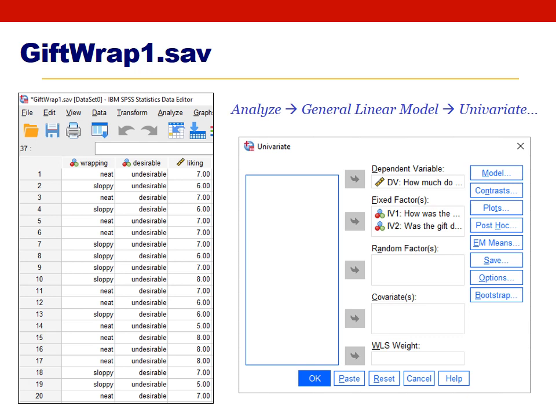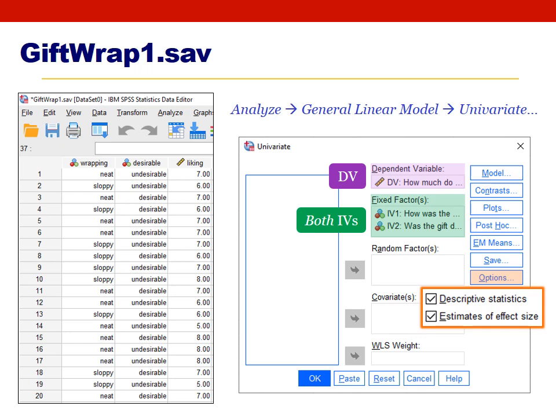In this case, that's how much they liked the gift. We're now going to put not one, but both of our independent variables in the fixed factors box. So IV1, how the gift was wrapped, and IV2, whether the gift was desirable or not, both of those variables are going to go in the fixed factors box.